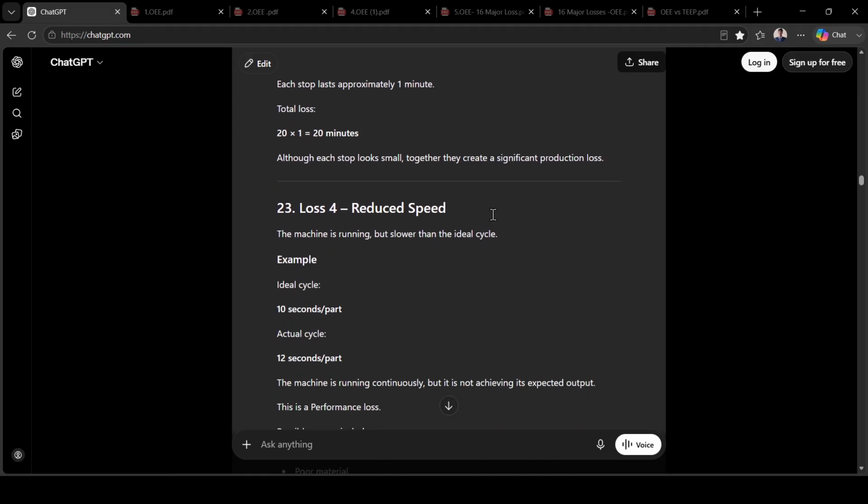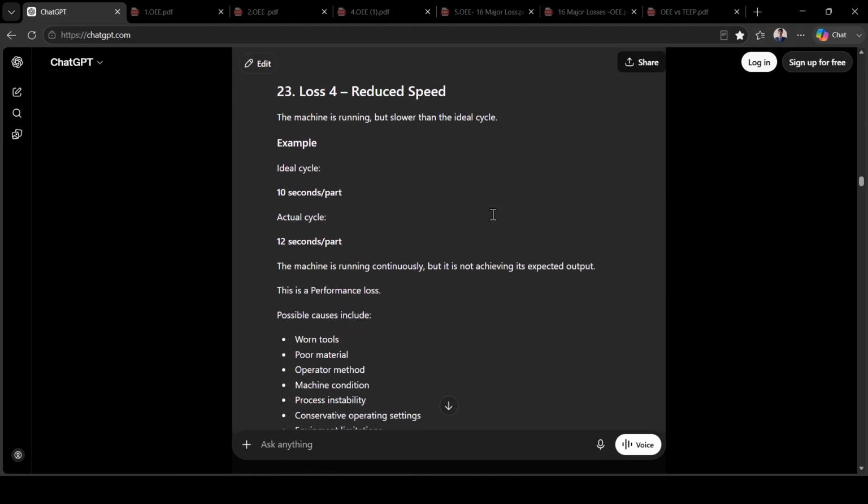Loss four, reduced speed. The machine is running but slower than the ideal speed. Example: ideal standard cycle time is 10 seconds per part, actual cycle is 12 seconds per part.